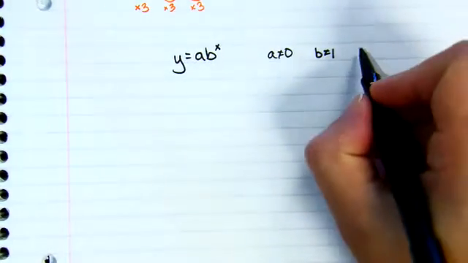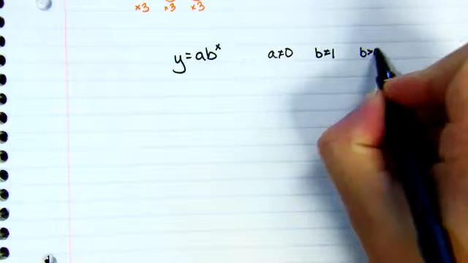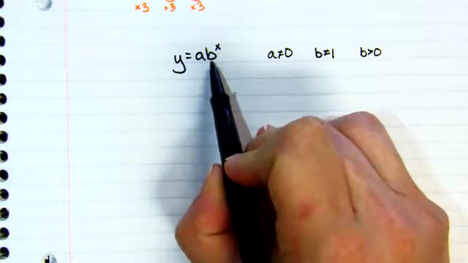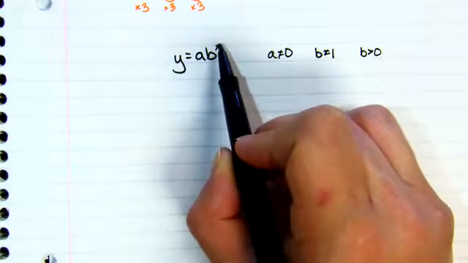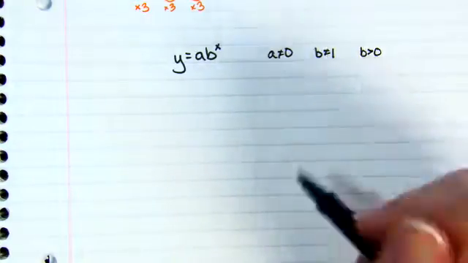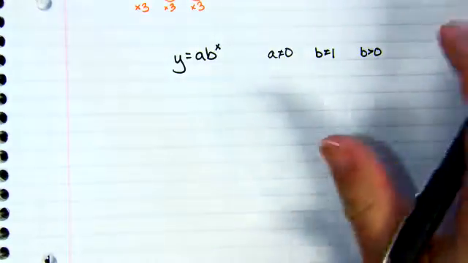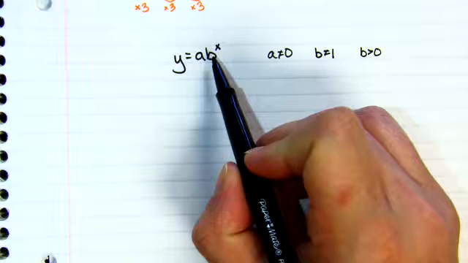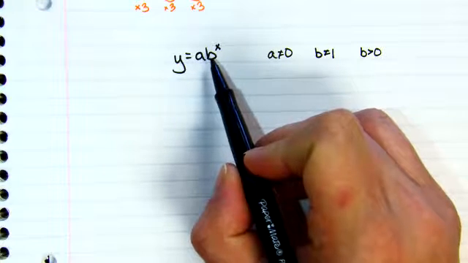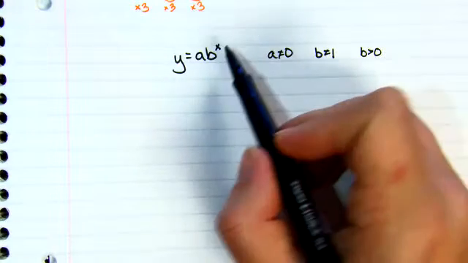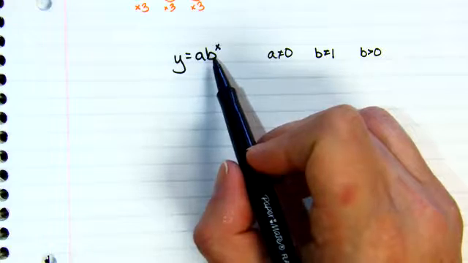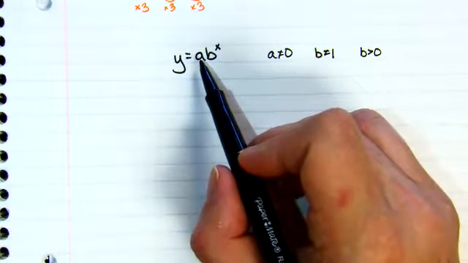And also, we want b to be greater than 0. If b is negative, then depending on the exponent, it's going to flip-flop back and forth between positive and negative, and it's going to be a mess. So for this, b has to be a positive number greater than 0, but it can't be equal to 1, and a can't be equal to 0.